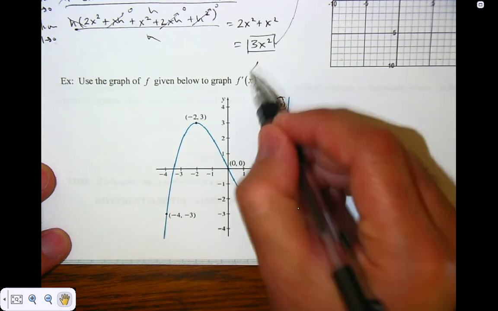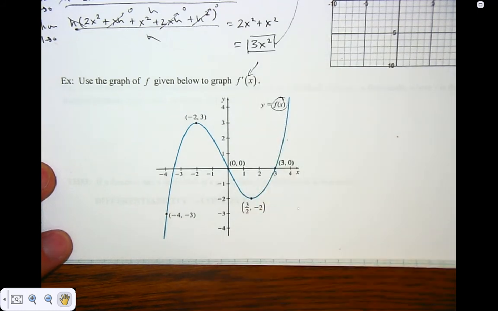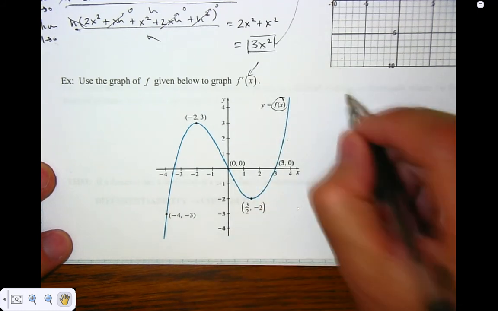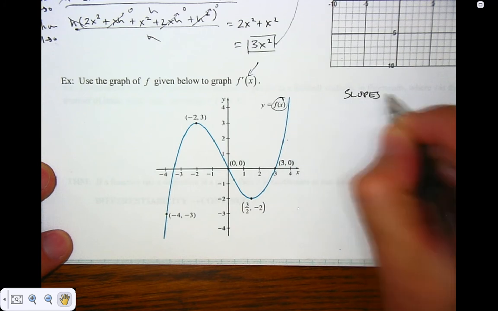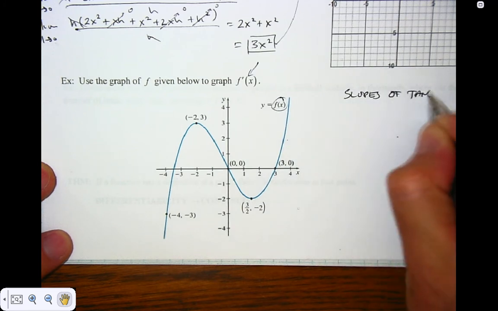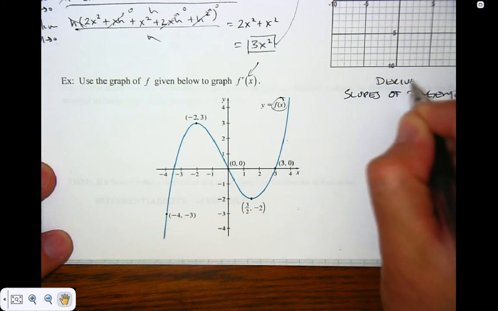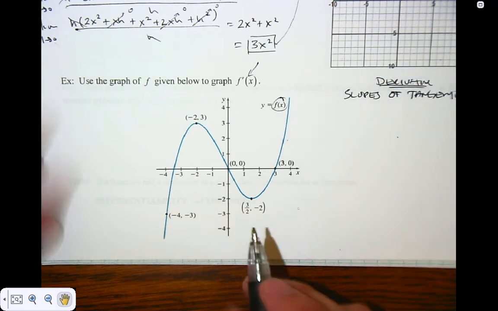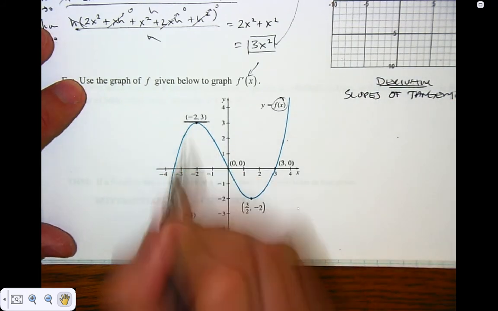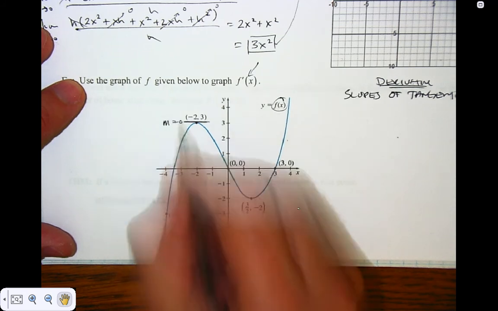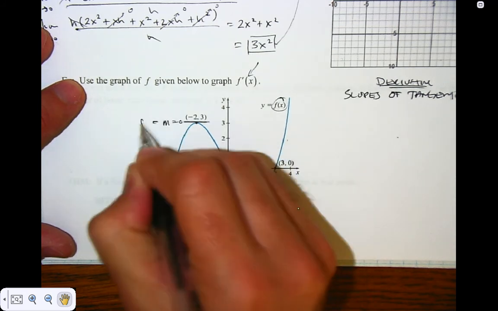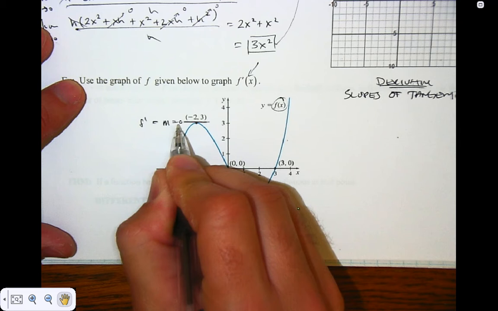If you're going to try to graph f prime, think about slopes of tangents. That's what the derivative is, right? The derivative is the slope of the tangent line. Well, what about this tangent line right there? Isn't that slope 0? That tells you that f prime, which is the slope there, is 0.